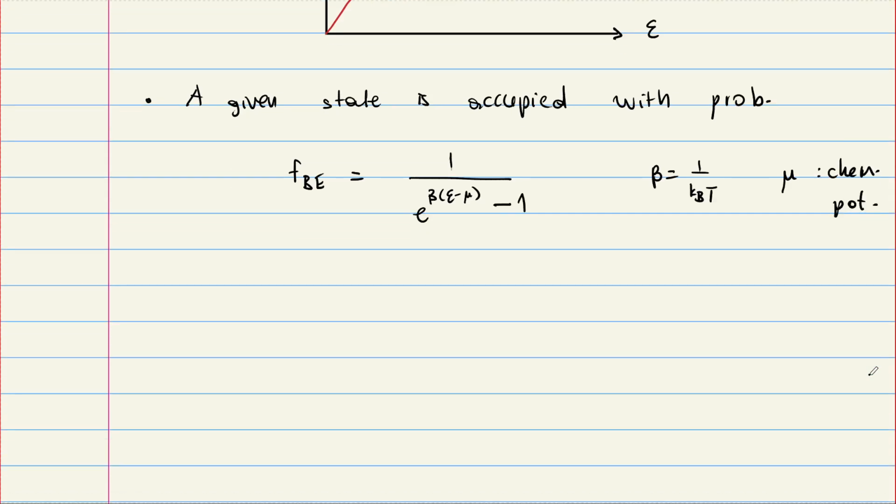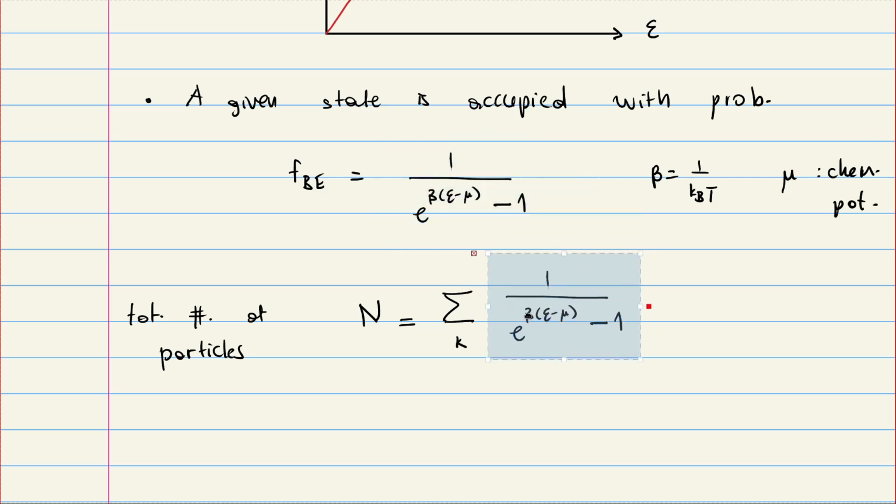Now let's write an expression for the total number of particles. The total number of particles N is given by summing over everything: the sum over k of this distribution. But we cannot do these summations, right?